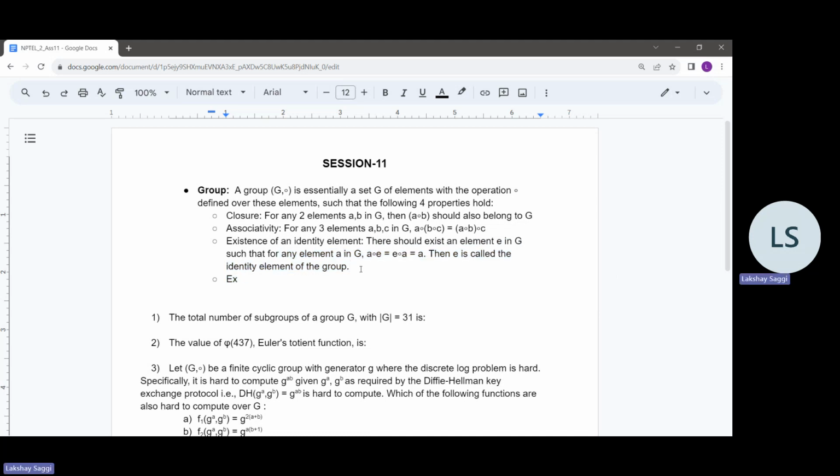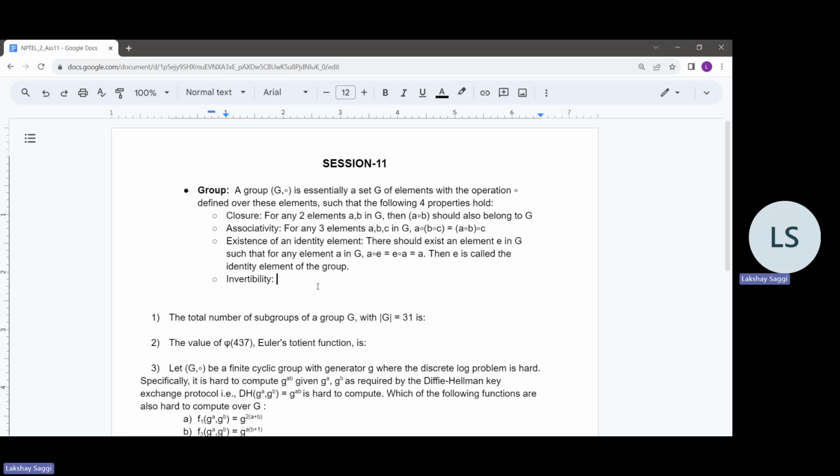So this is something which I want to point out. And then, what is the last property? Existence of inverse, or let's say invertibility. So what does invertibility mean?